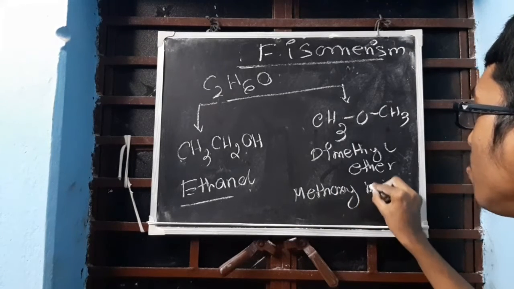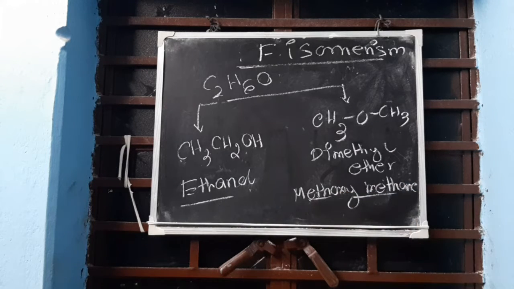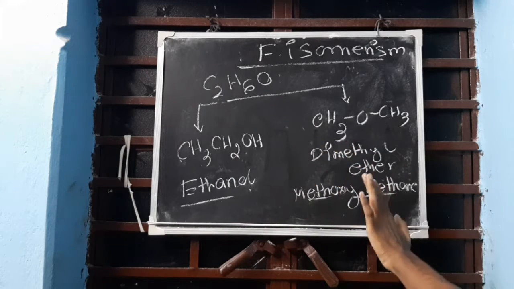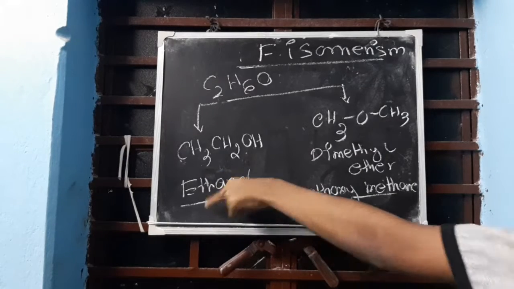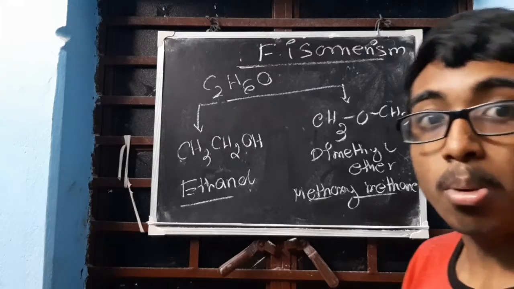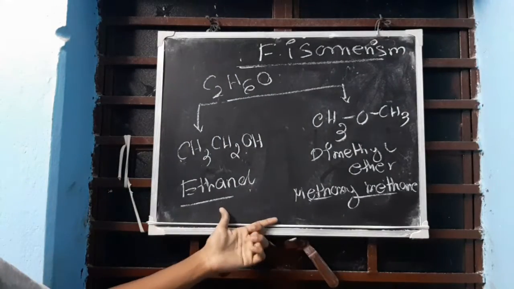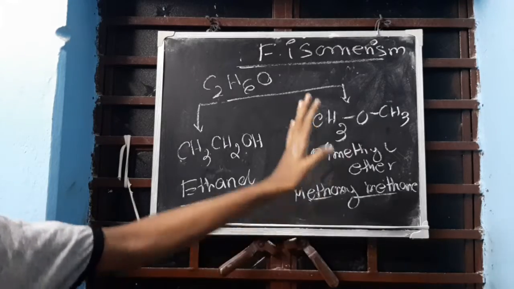Correct? The IUPAC name is methoxymethane. Right? And this is the common name. Now, one person has written this, and one person has written this. Can either of these be marked wrong? No. Both are correct. So in this case they are functional isomers. These two are functional isomers.